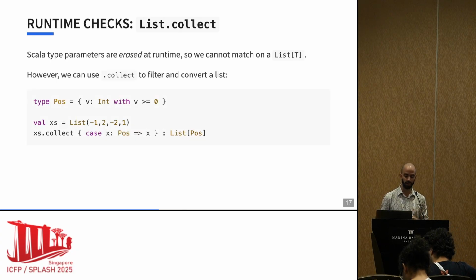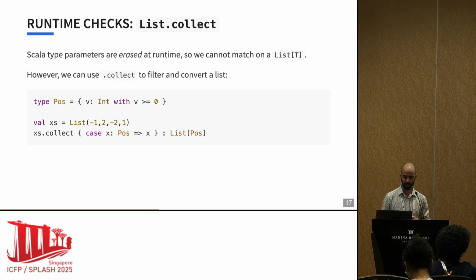What you can do, however, quite easily is to use the collect method, for example, and that would convert my list of int to a list of pos. So basically it filters the elements, and then it ensures that the resulting elements indeed have the type pos, right? So it filters and maps at the same time, if you want. We could also define a shorthand for that, but I don't know if that would be useful.